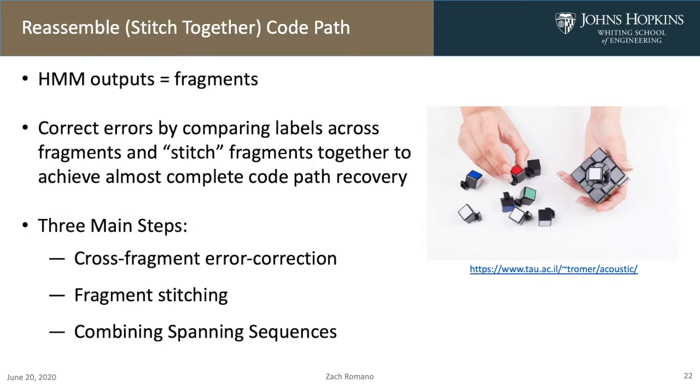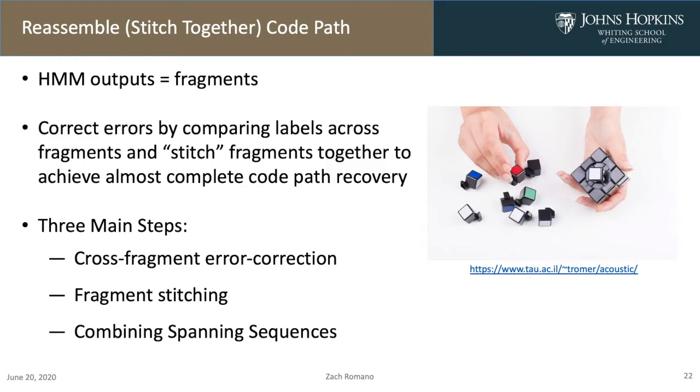The final step in our analysis here is to stitch back together the code path. If we think of these HMM outputs as fragments, we can correct any errors by comparing across the fragments.